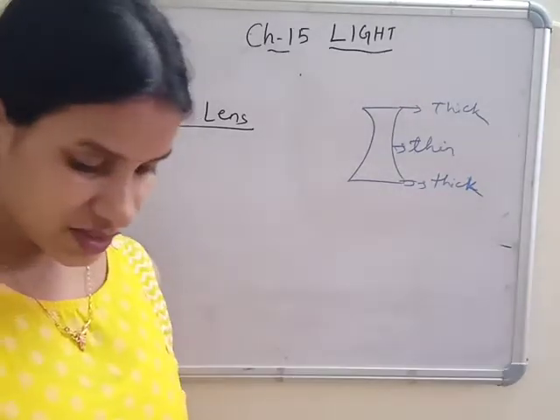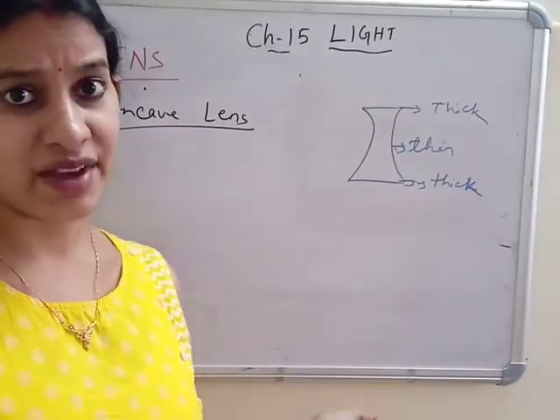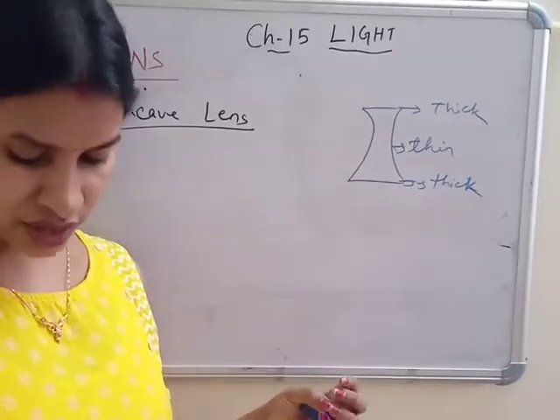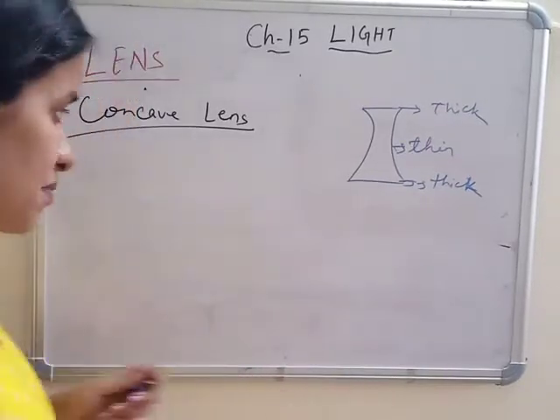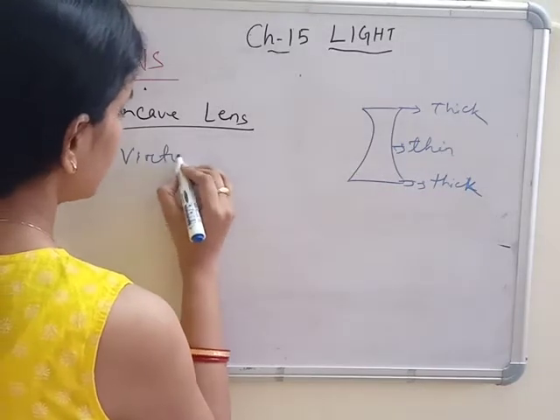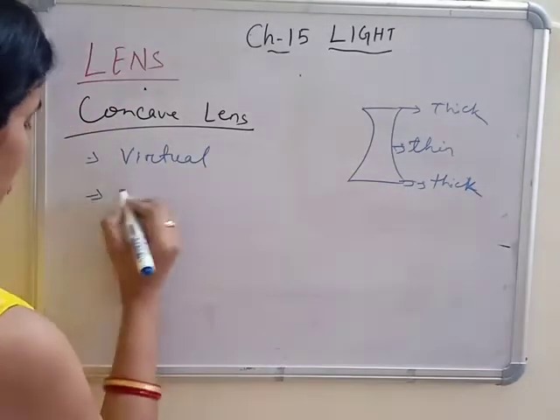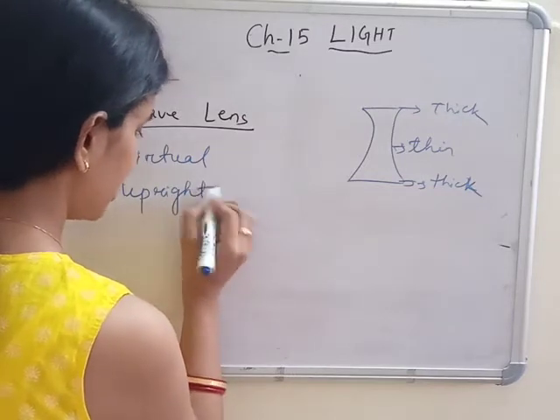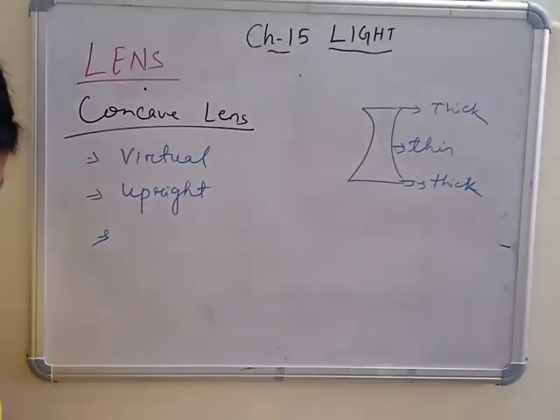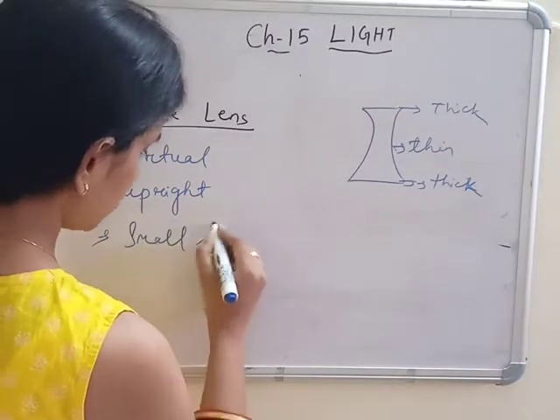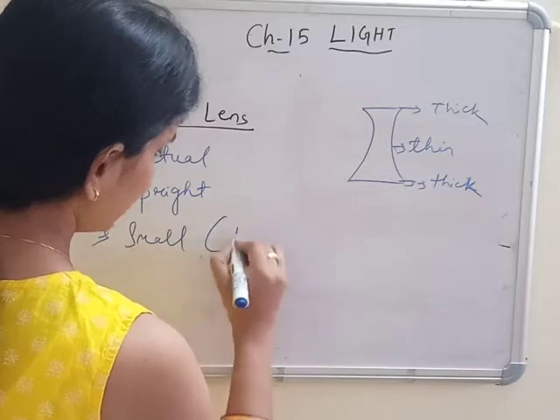So the image formed by a concave lens does not depend upon the object distance or position. If it is a concave lens, the character of the image is virtual, upright and straight होता है, it's not inverted, and it is small, or you can say small is also called diminished.